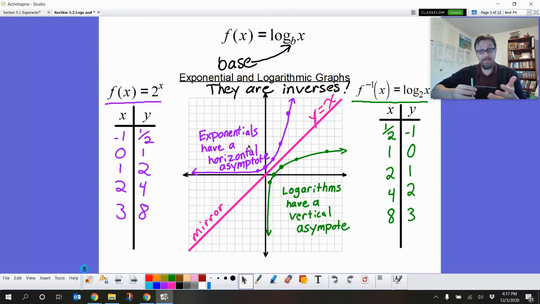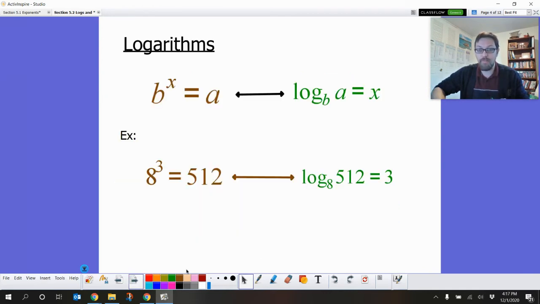That allows us to do particular properties and it lets us figure out what's going on with these things. Now, one way to translate these two is that if you have an equation, b to the x equals a, that exponent is what the logarithm equals. So this logarithm is this exponent.